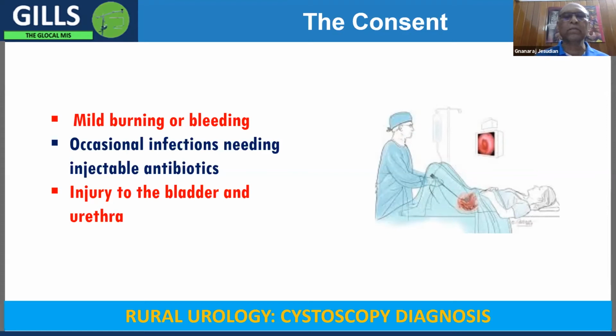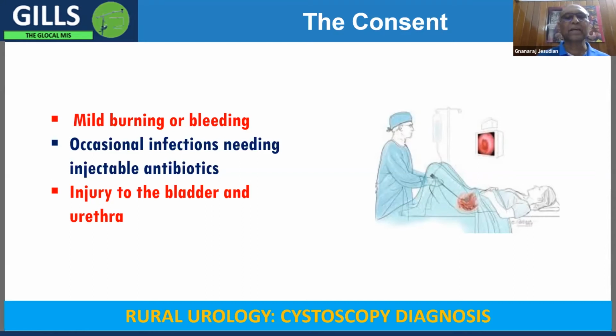And this being an invasive procedure, it's important to take a proper informed consent. Always there will be some mild burning and there may be a little bit of bleeding because urothelium is quite fragile. And despite giving antibiotics, it's possible to have infection, especially if there is residual urine.